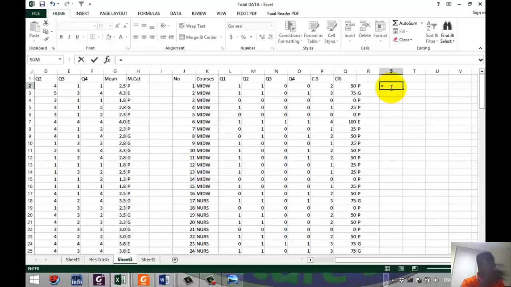When you type the equal to sign, it becomes a calculator. Then you start typing IF. The IF will appear, click on it. Now we want to come out with a logical test, and in the logical test we are going to develop an argument for this function.